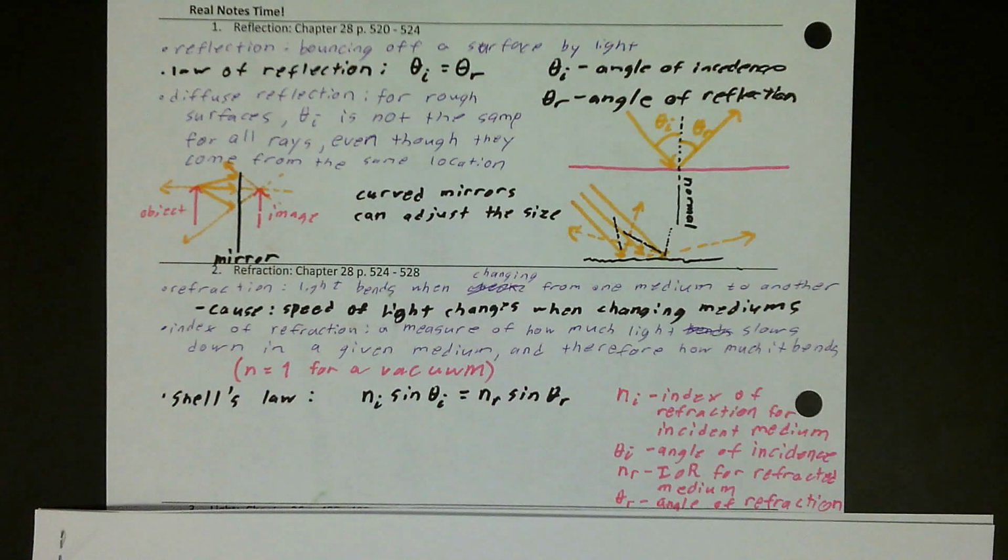Snell's law has to do with refraction, so we're talking about refraction, and the angle of incidence talks about reflection, so we're talking about reflection. Yes, I know I have two theta R's and they mean two different things, but I did that because I have faith you guys can figure it out. You guys are smart enough to do it.